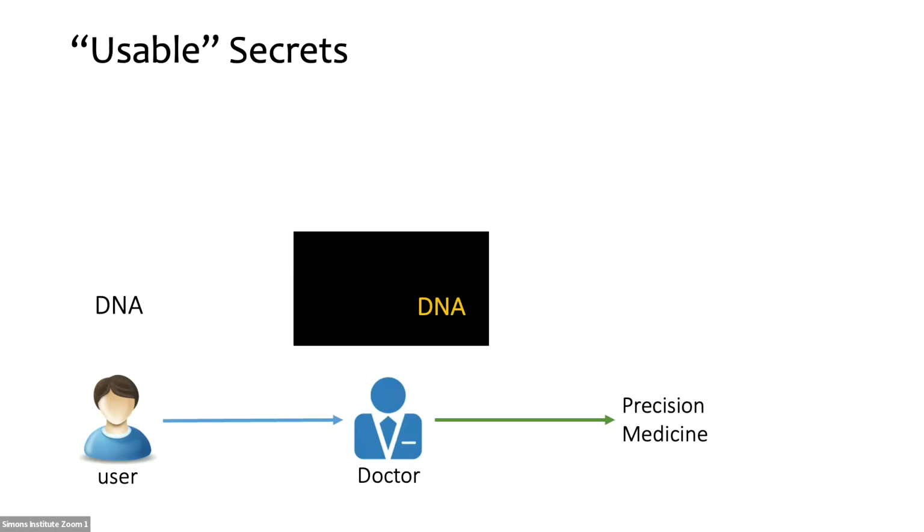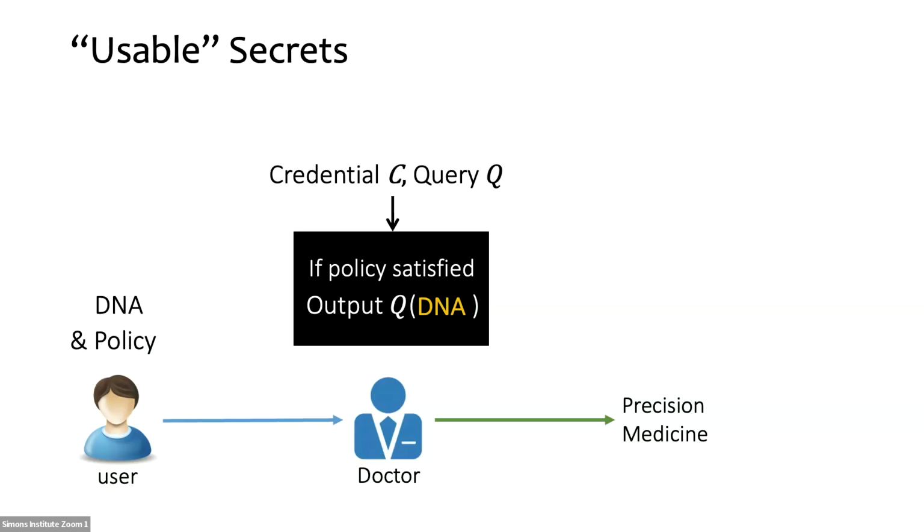For example, if the user would like to delegate to a doctor the ability to answer certain limited queries on their DNA for precision medicine, they can do so with an obfuscated program that has their DNA hard-coded inside, and on input a credential together with the query, the obfuscated program first checks if the credential satisfies the user's policy, and only then answers the query. This allows us to enforce really fine-grained access control over sensitive data. We can call this usable secrets.